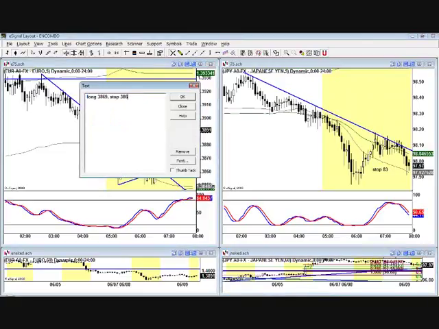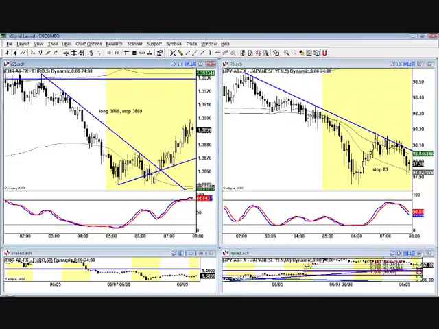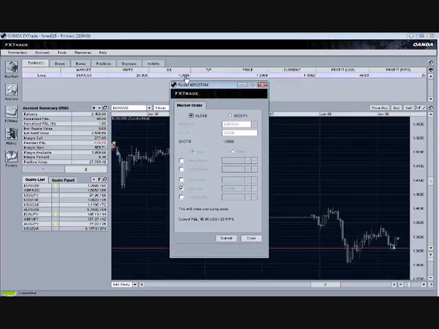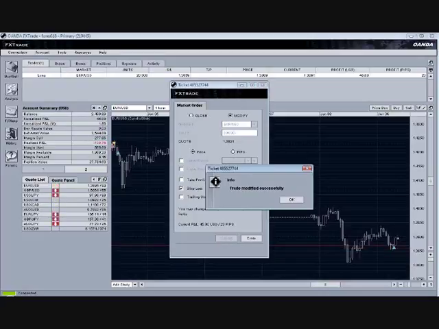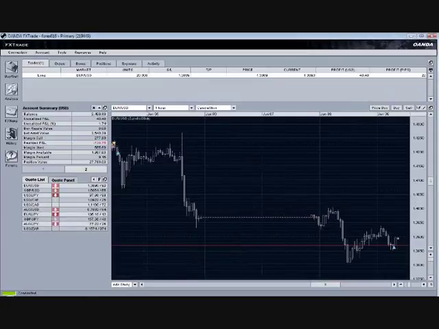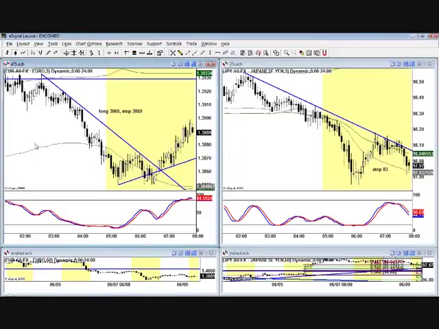And put that at 69. And do that on my deal station. And so my stop loss is safe there now, or my position is safe rather.